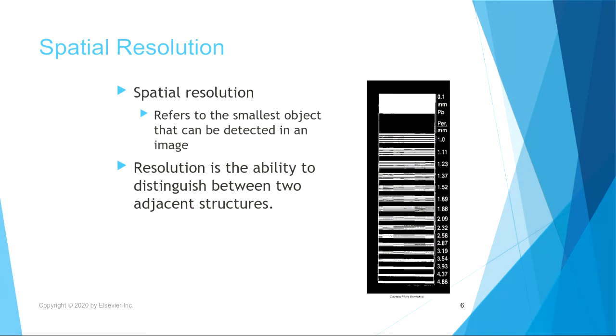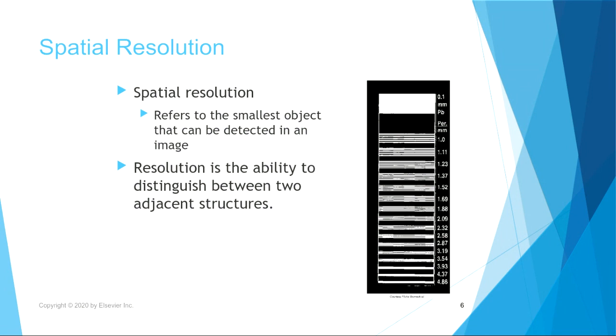But they tell us in the book that when you're measuring that system's ability to resolve these small objects, it's important to understand the concept of spatial frequency and its relationship to spatial resolution. So spatial resolution is the smallest object that can be detected in an image. And remember, resolution by itself is the ability of the system to distinguish between two adjacent structures.